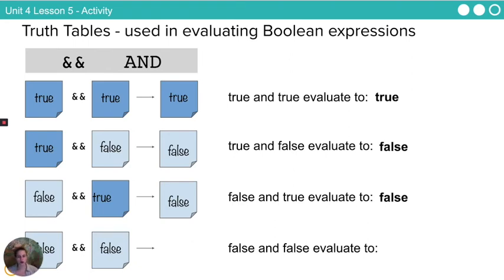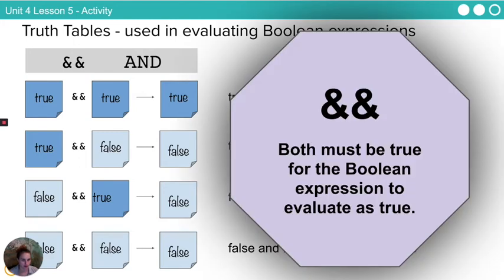And if I have 2 false statements, I am holding up my right hand and I am holding up my left hand, both of those are false, which means the whole statement evaluates to false. As a general understanding, if you have the ampersand or the and expression in your expression, both things must be true for the whole expression to evaluate to true.